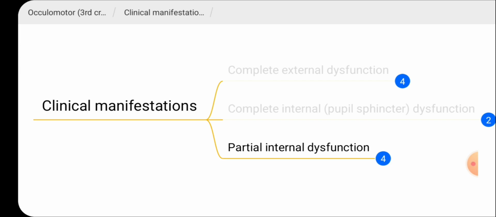Sometimes these clinical manifestations are just categorized as complete palsy or partial palsy. The complete third nerve palsy means both external dysfunction and internal dysfunction, and partial oculomotor nerve palsy, usually the internal dysfunction.